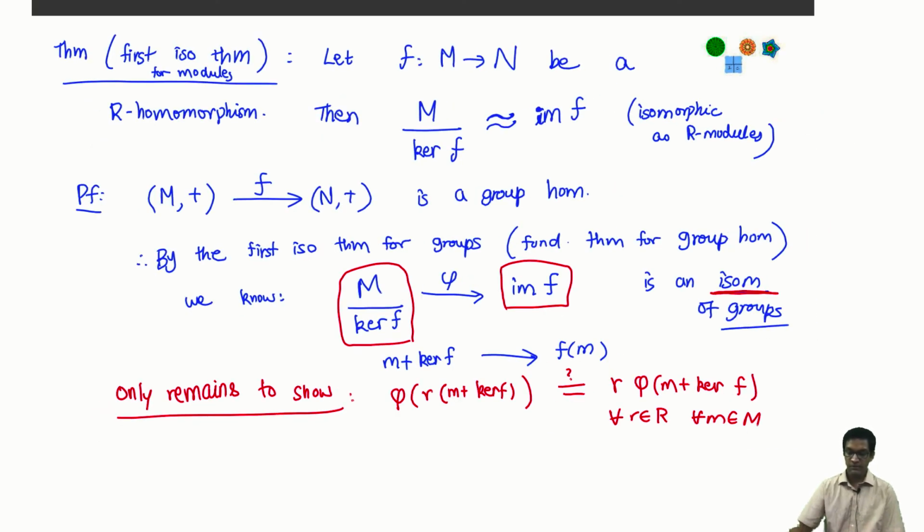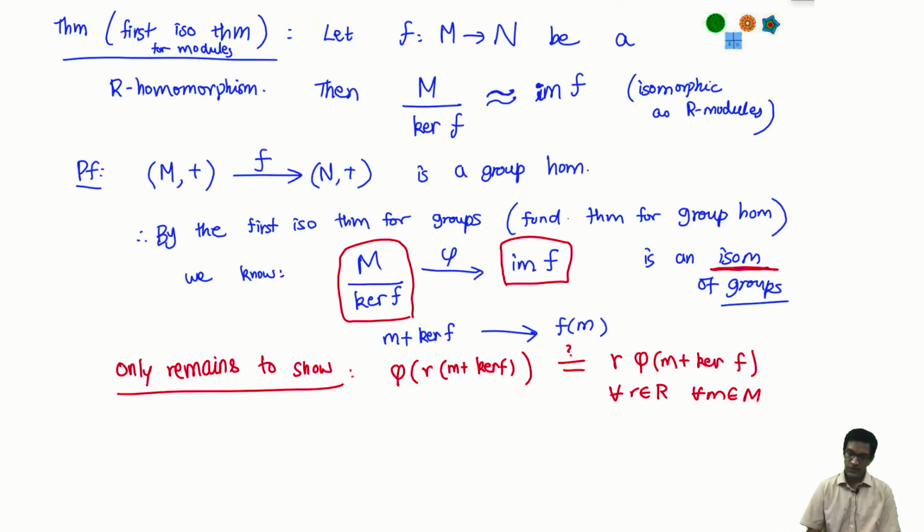Observe the way we have proved this. The strategy here has been to first ignore the fact that M and N are R modules, think of them only as abelian groups, think of F as an abelian group homomorphism, and then appeal to the group theory statement for the first isomorphism theorem. But then, after we have shown it's an isomorphism at the level of groups, we go back and see whether we can also incorporate this additional scalar multiplication into the picture.